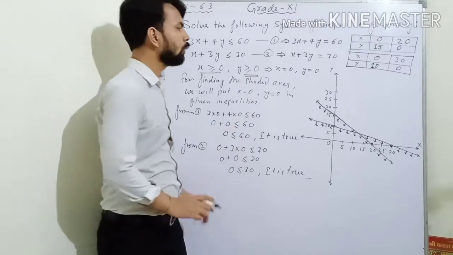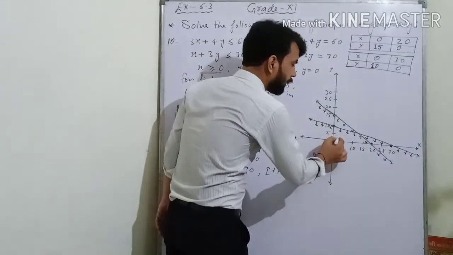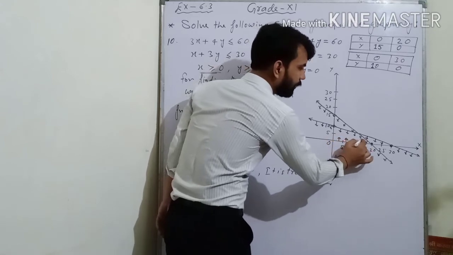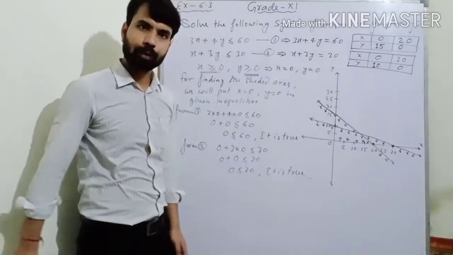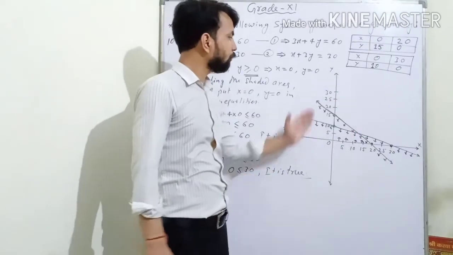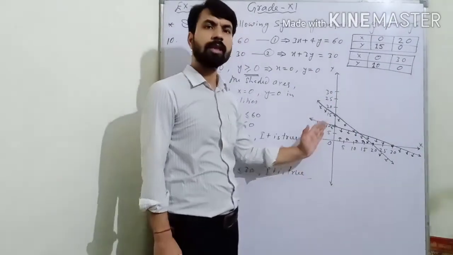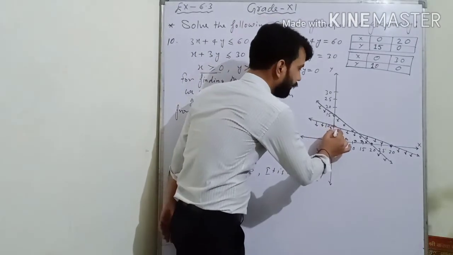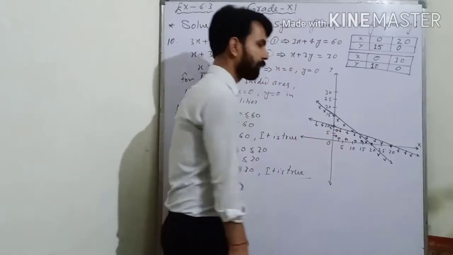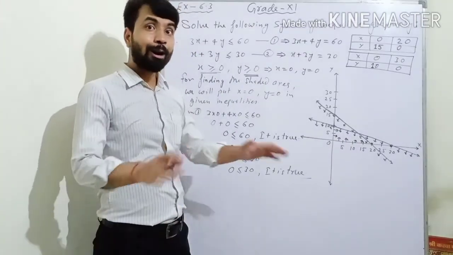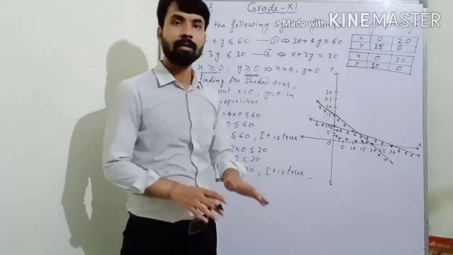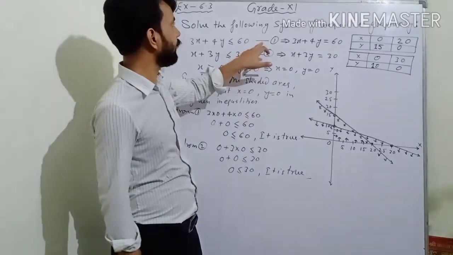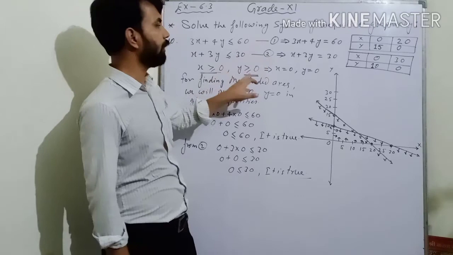Understood? So we will have to shade the region for the x-axis, meaning the first quadrant. So this is the first quadrant, correct? Upside. And for the y-axis, the region lies in the first quadrant, so the first quadrant will be in this direction. Clear? Now we have to find the common shaded region for all 4 inequalities, 1, 2, 3 and 4.